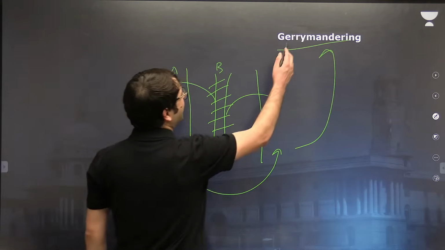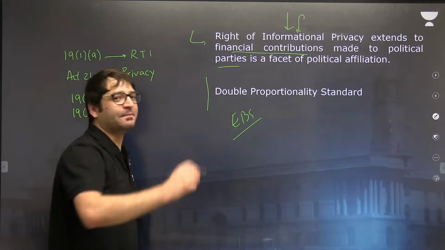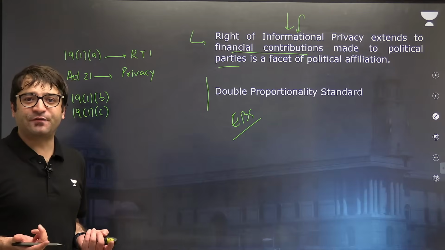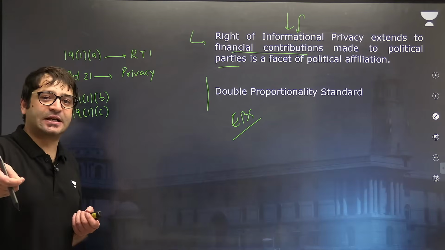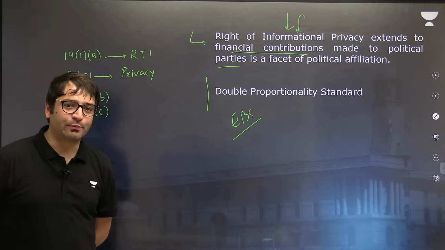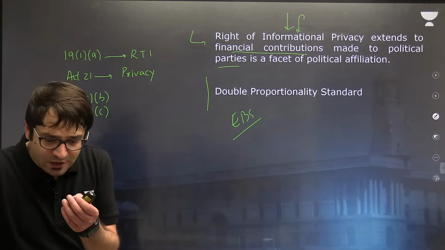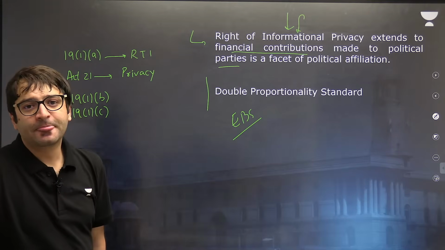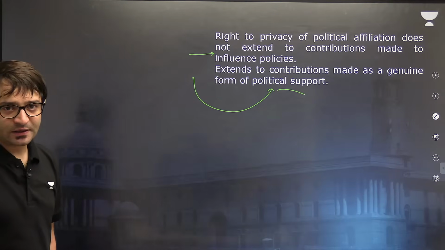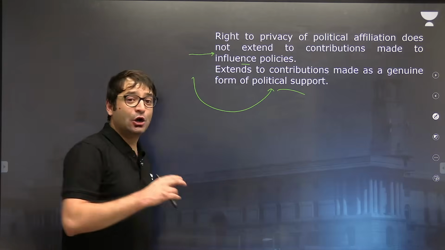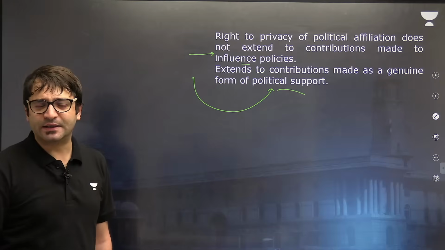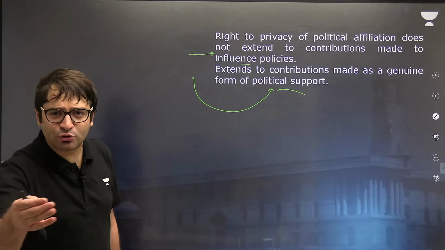Why? Because this is part of informational privacy, which extends to the political affiliation of an individual, which also further extends to the financial contributions made to political party, which is also a facet of political affiliation. But we cannot protect under right to privacy the contributions which you are making to influence policies, because the crores of money that you are donating to political party, it is not because you are expressing support to a political party.